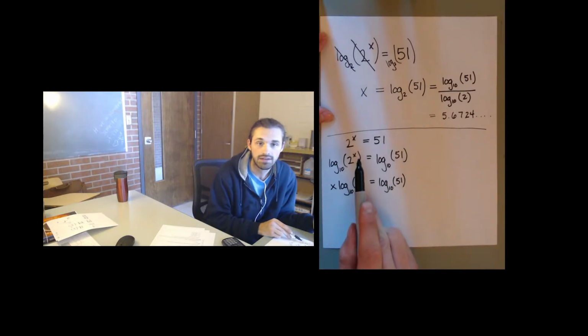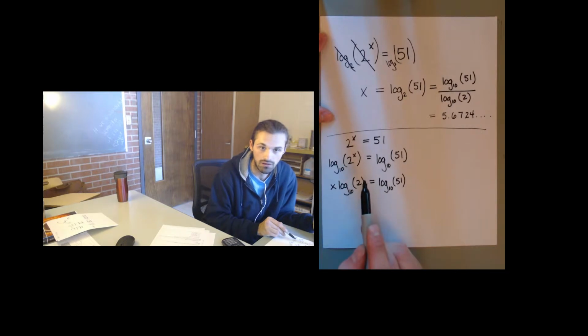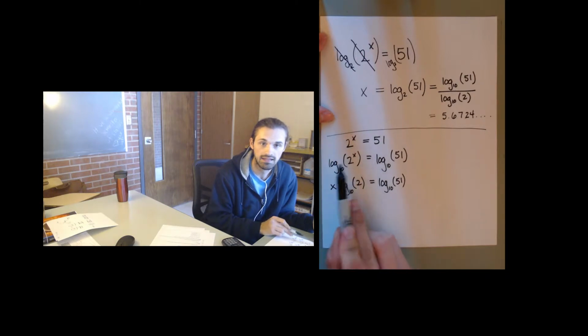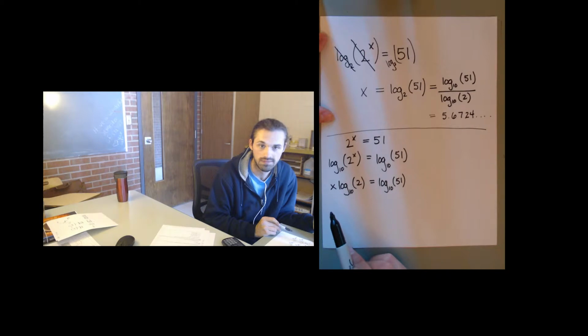So if you have an exponent on the argument of the log, the argument meaning the stuff inside of the parentheses, if that exponent is being put upon everything inside of the parentheses, you can take that exponent and drag it out front and write it as a multiplication onto the log rather than an exponentiation of the log argument. So this line to this line was utilizing rules of logarithms.